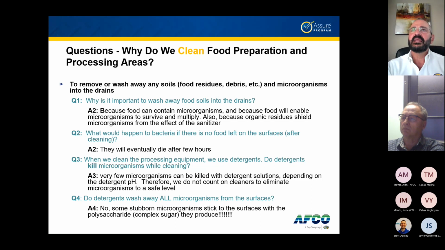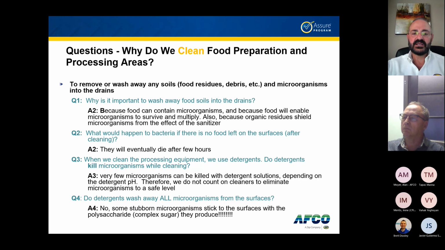If any bacteria stayed on the equipment or was in the air and ended up settling on it, and the surface is clean, the fate of the bacteria is death. It will take a couple to a few hours for the bacteria to die because there are no nutrients for it to survive and multiply.